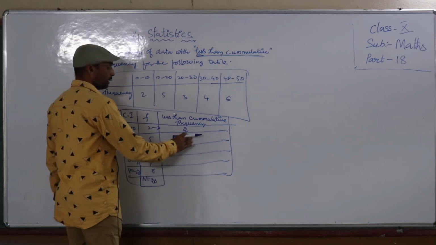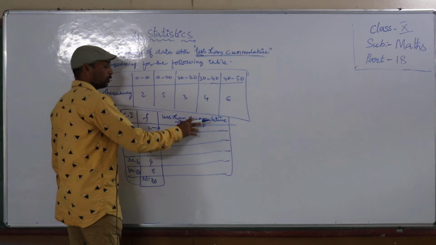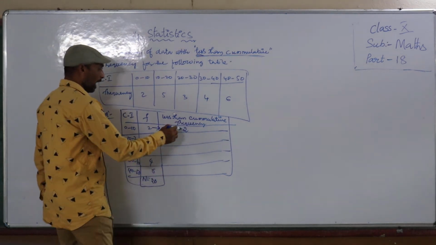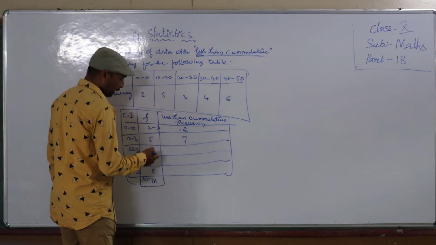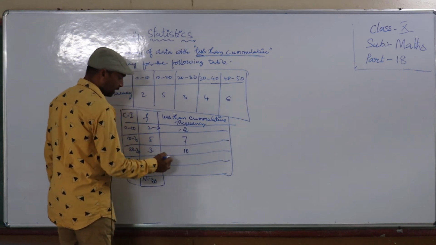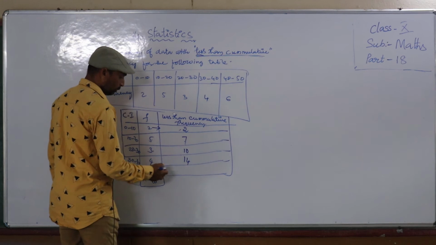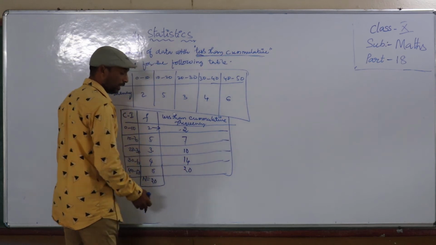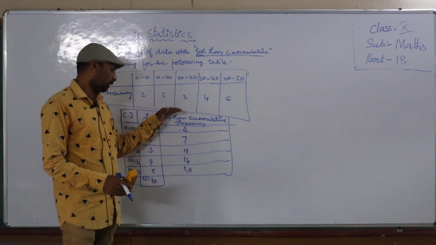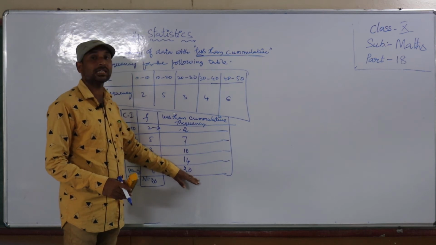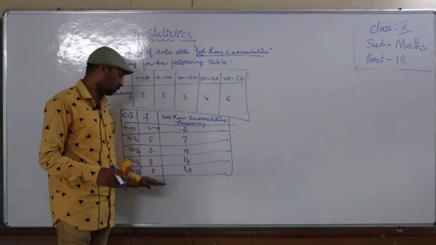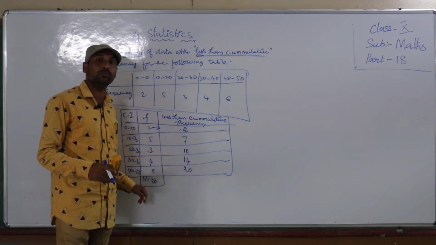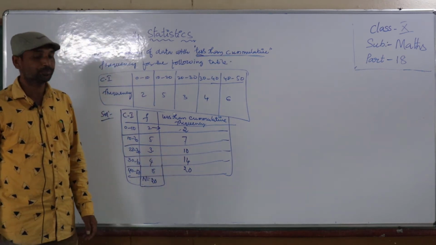Then for the second value, add these two: 2 plus 5, 7. 7 plus 3, 10. 10 plus 4, 14. 14 plus 6, 20. Already we have discussed that the last value of the less than cumulative frequency and the sum of the frequencies are equal.